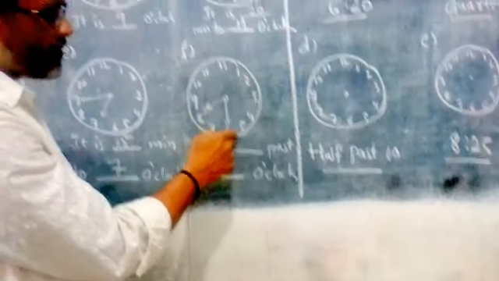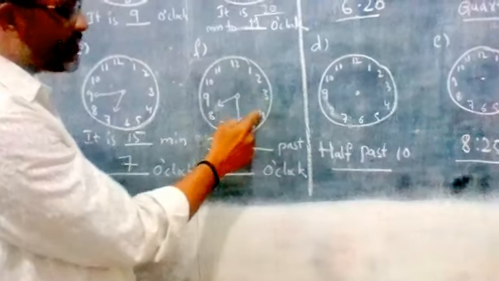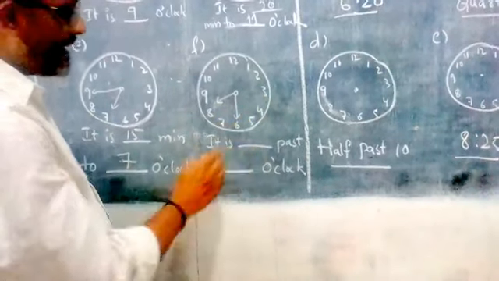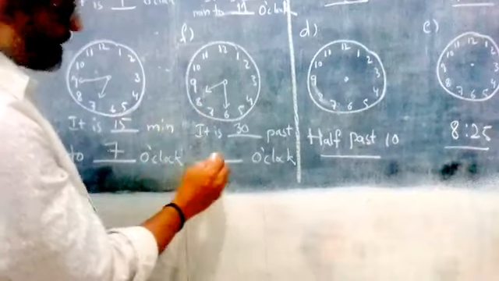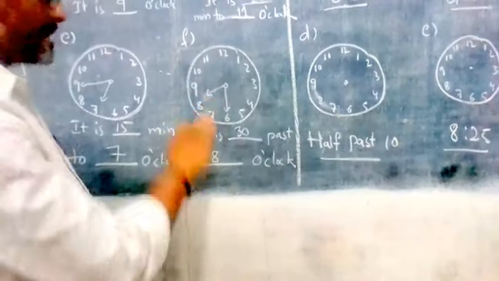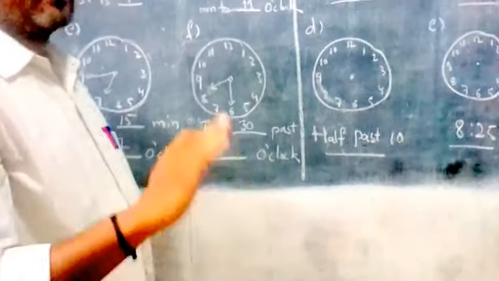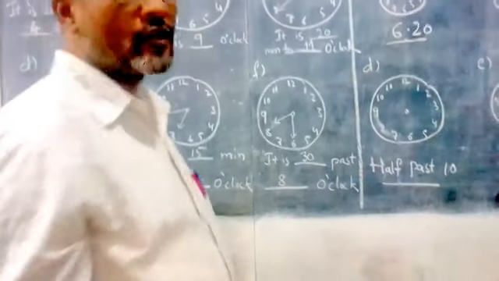How many minutes do we count? 5 minutes, 10, 15, 20, 25 and 30 minutes. It has passed 30 minutes after 8 o'clock. So it is 30 past 8 o'clock.